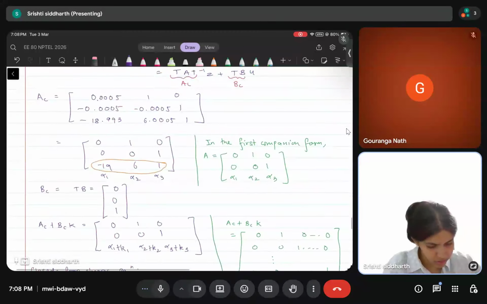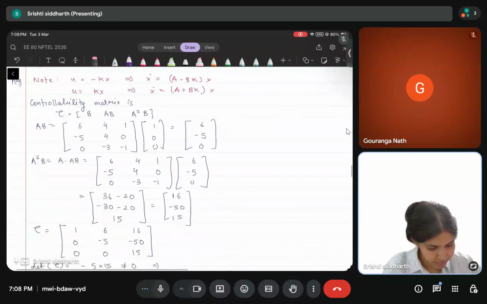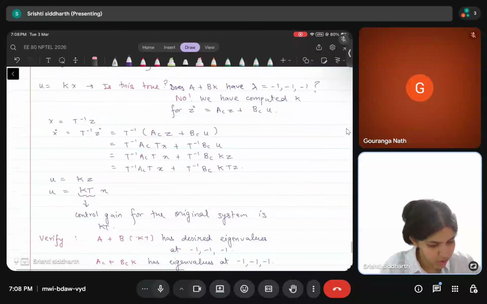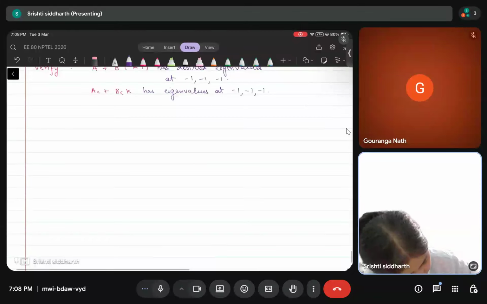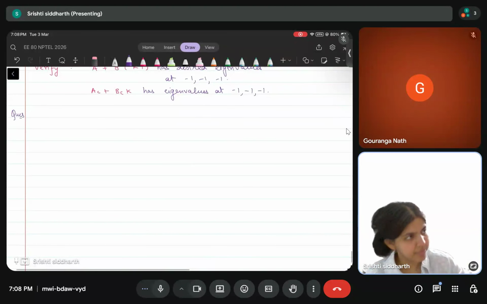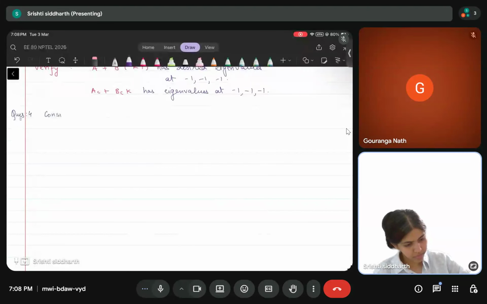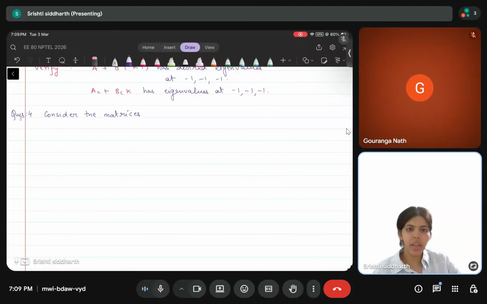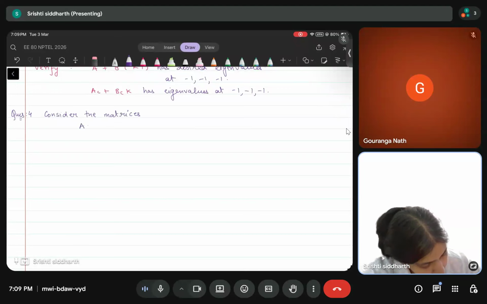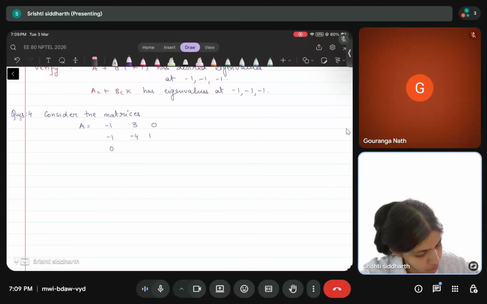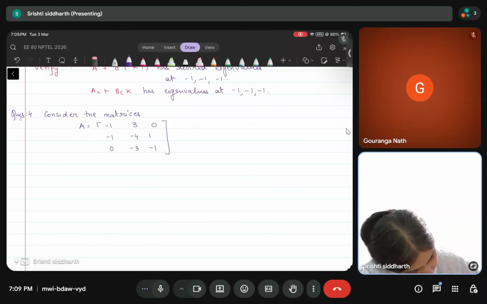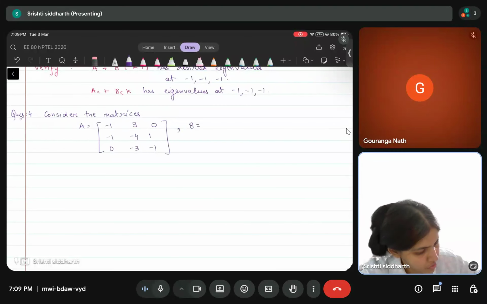So this is question 4. Since we are talking about formulating a control signal, we just need A and B, right? So A is minus 1, 3, 0, minus 1, minus 4, 1, 0, minus 3, minus 1. B is 1, 0, minus 1.